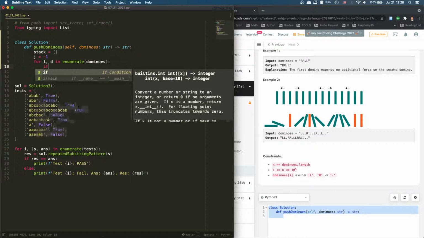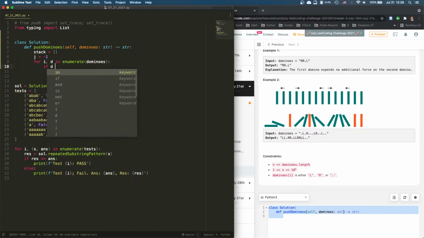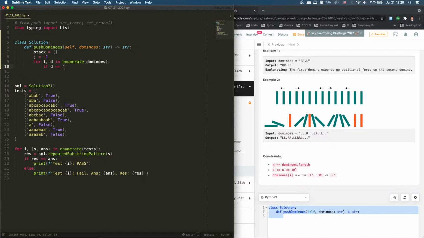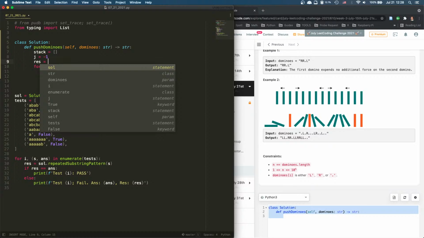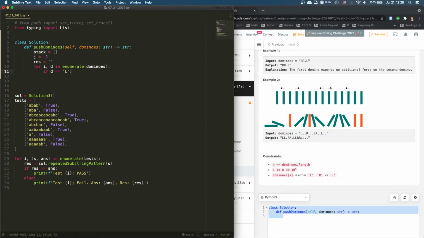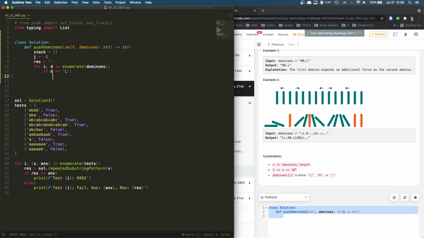All right, so here's what we do. We say if d is equal to a left. If d is equal to, and then we have a rest as well. Which one would you think would be faster? I think we just do string. Creating string will be faster, I hope. So if d is a left, we need to check.